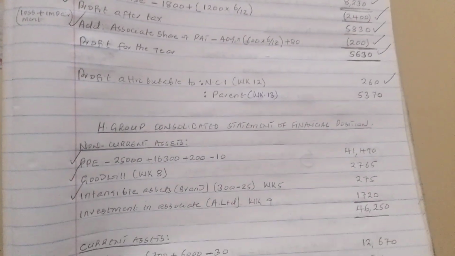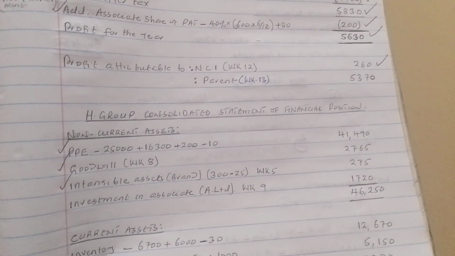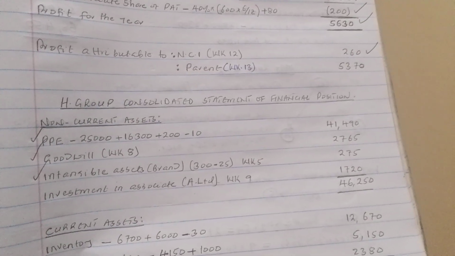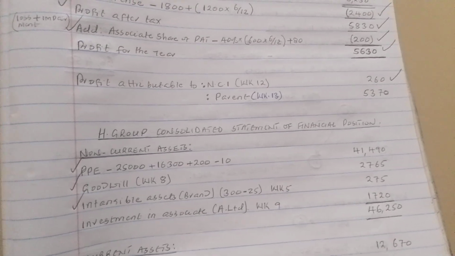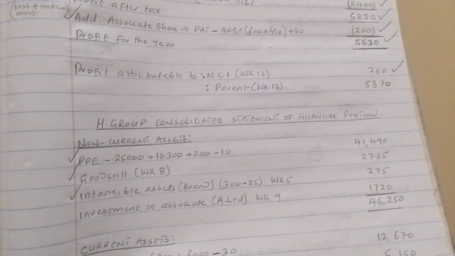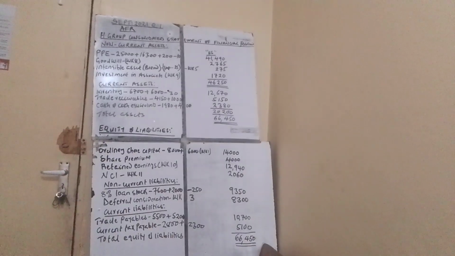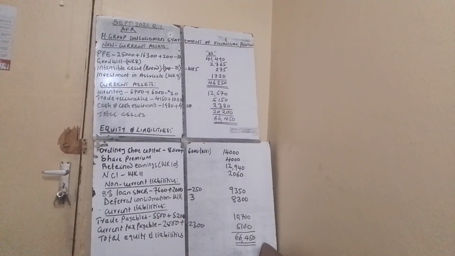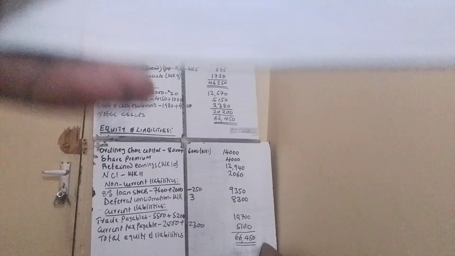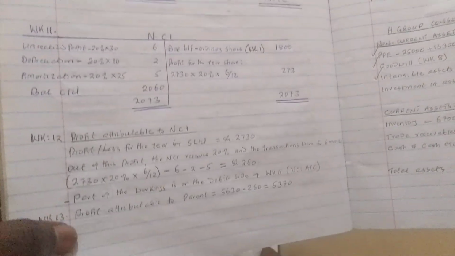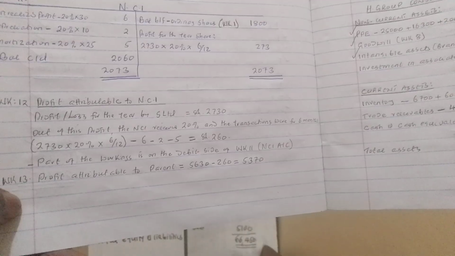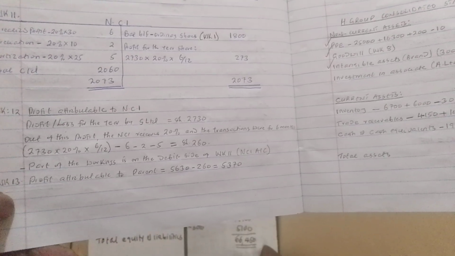So profit for the year is 5630. Now this 5630, profit attributable to NCI is 260. So 5630 minus 260. I just refer to working number. I think we have done working number 12. So check here, working number 12. Working number 12 will be there. Profit and loss for the year by S Limited is there.